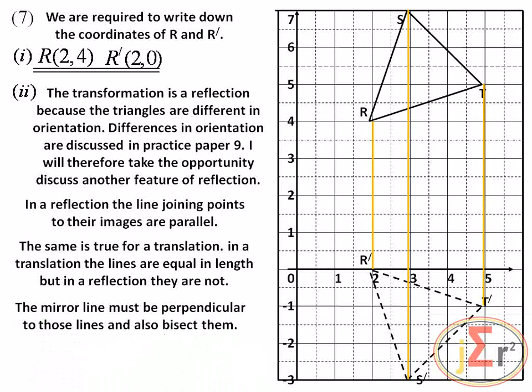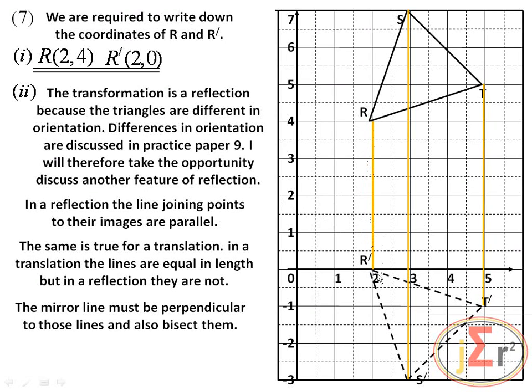The mirror line must be perpendicular to those lines and also bisect them. What kind of lines are these? These are vertical lines. The mirror line must be perpendicular to them. Therefore, the mirror line has to be a horizontal line. Also, the mirror line must bisect this one. From here to here is 4 units.